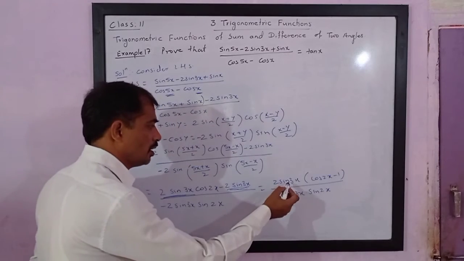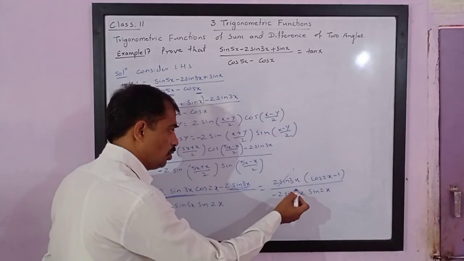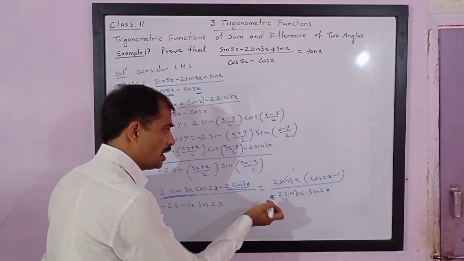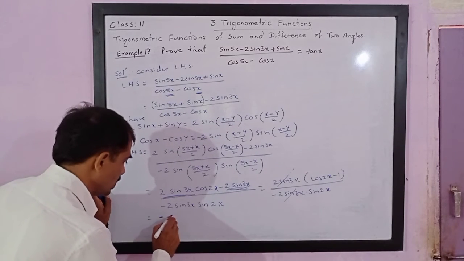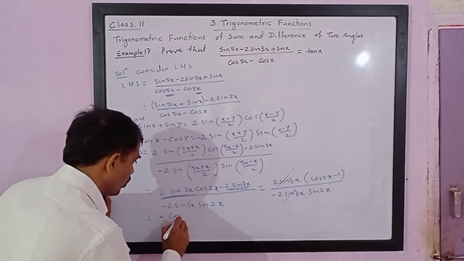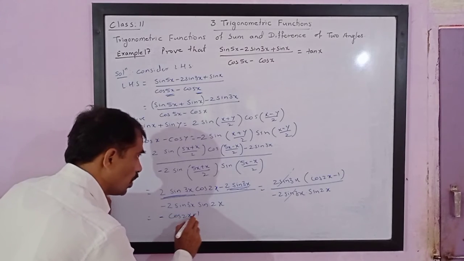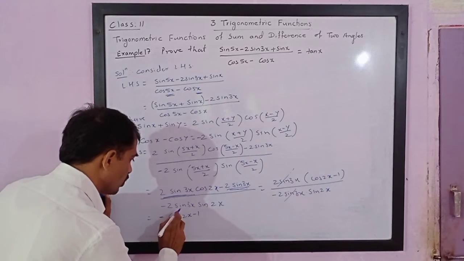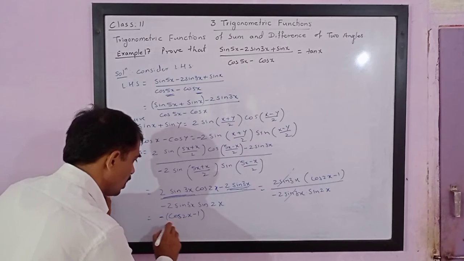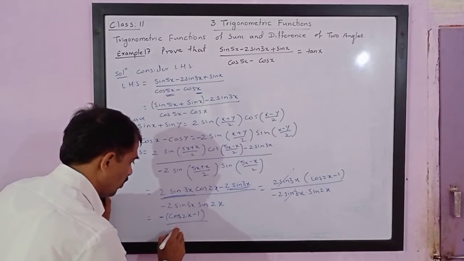So please note, this gets eliminated, 2 sin 3x and 2 sin 3x, but the minus sign will be retained. So this is equal to minus (cos 2x - 1) upon sin 2x.